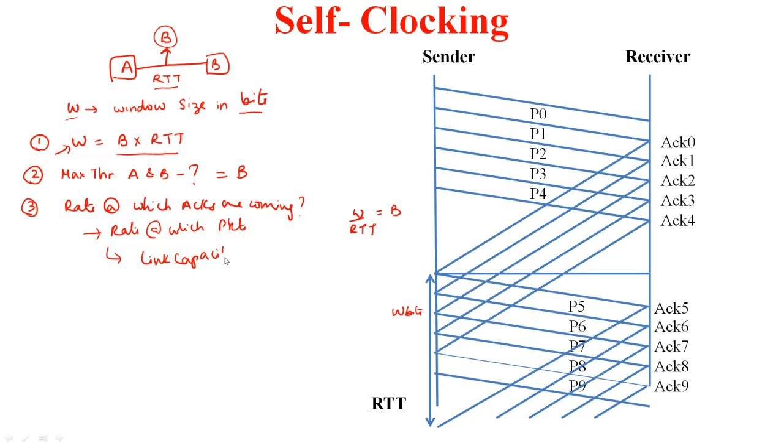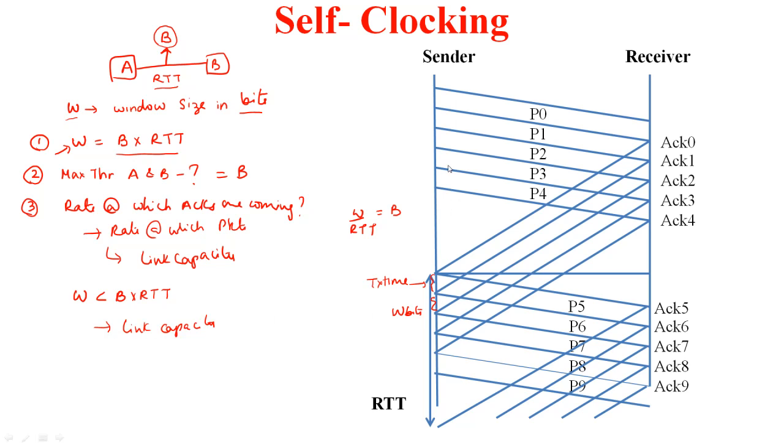So as you can see, the spacing between these ACKs is being dictated by the transmission time of the packets that are being sent. Now, if you look at the sliding window protocol, even if you were to set W less than this bandwidth into round trip time, the rate at which you are going to get the acknowledgements is being dictated by the link capacity.